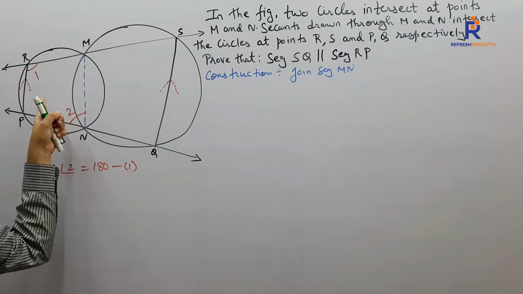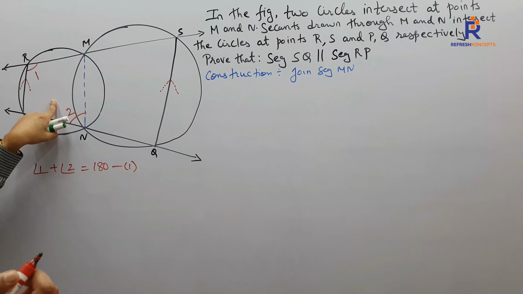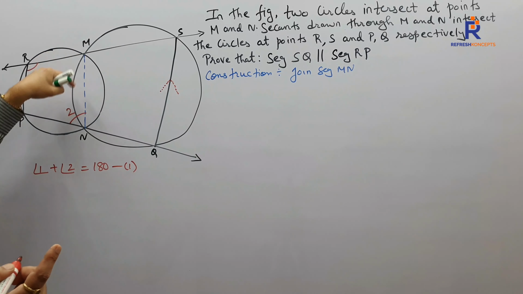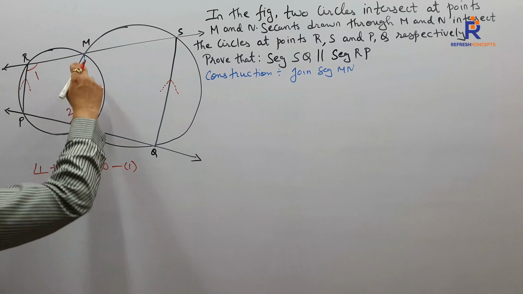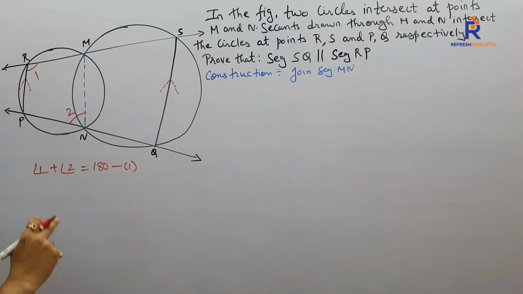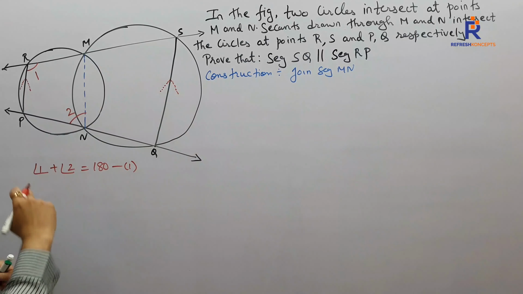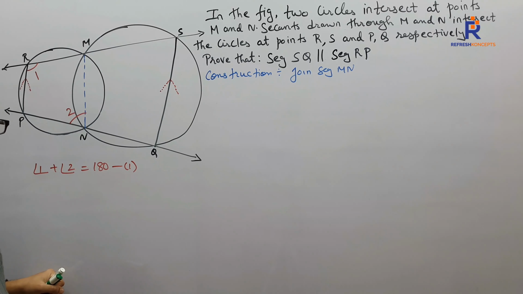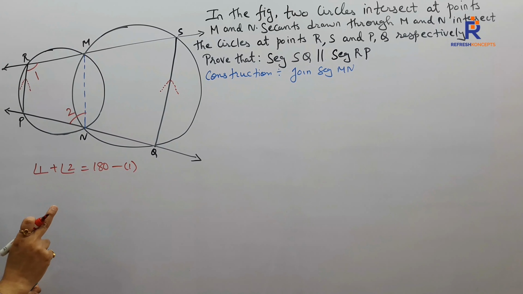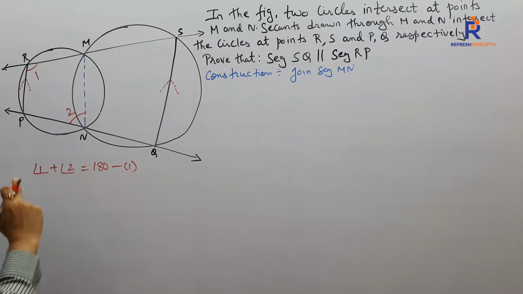Now, since you have picked up the smaller circle first, and within that a cyclic quadrilateral, now it's the turn to pick up the larger circle, and within that the cyclic quadrilateral. So can I say now for the larger circle, MNQS? MNQS is also a cyclic quadrilateral by definition. Is angle 2 an exterior angle for this cyclic quadrilateral?